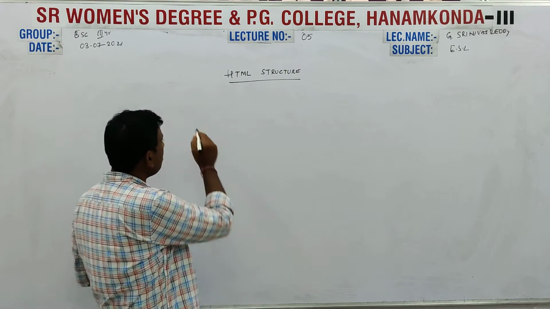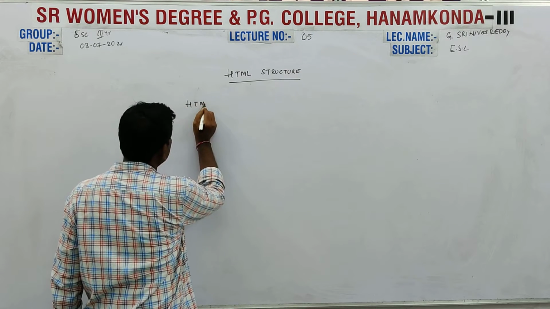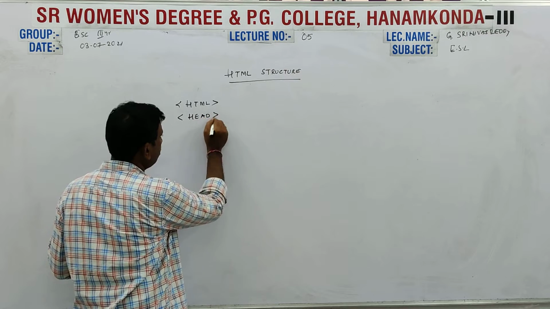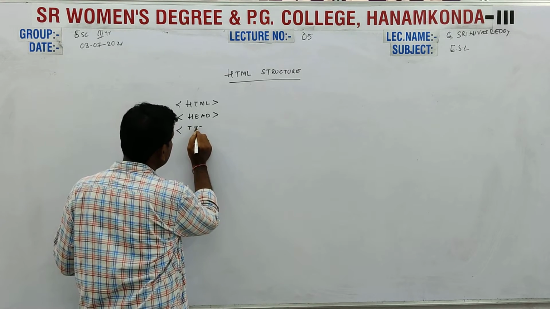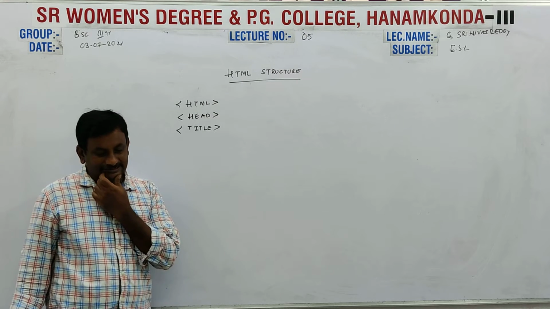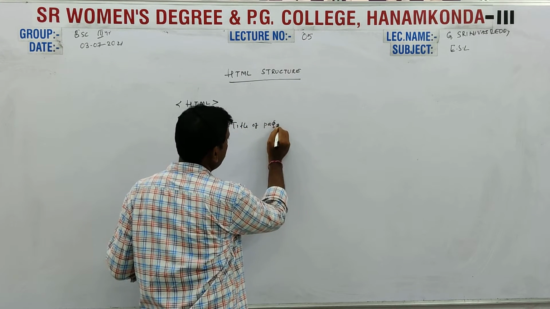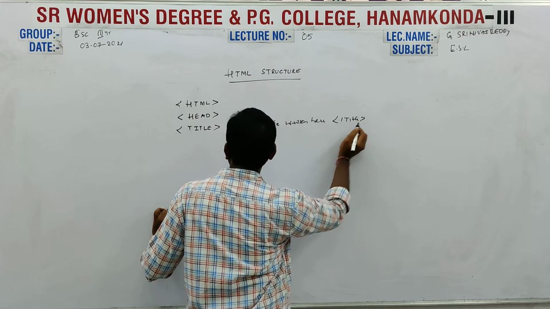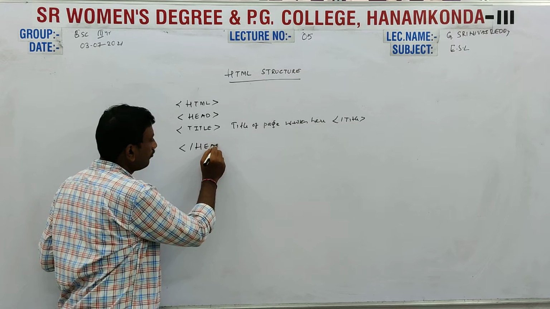Here the HTML structure is: html, then head, then title. Whatever content you write in the title is the title of the page, followed by title close. Next, head close.